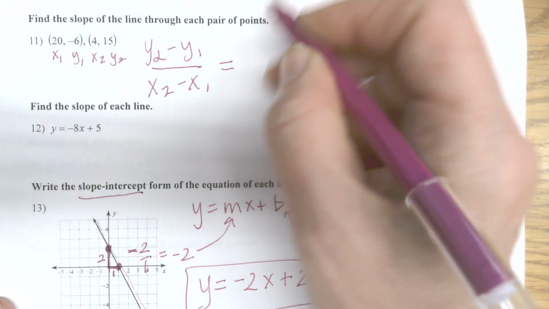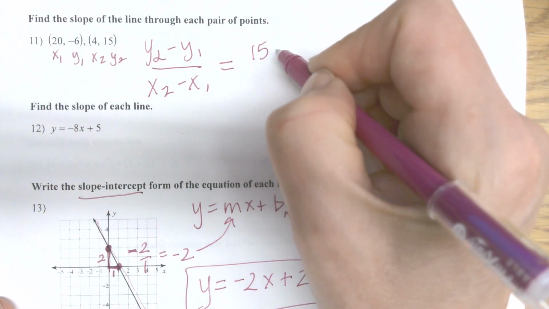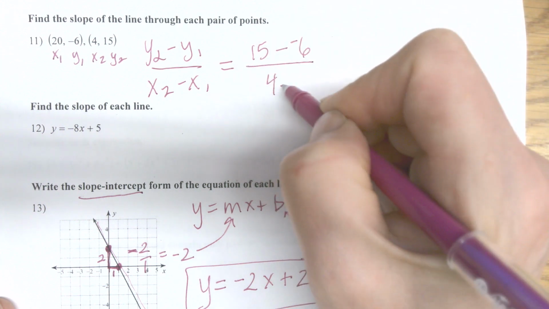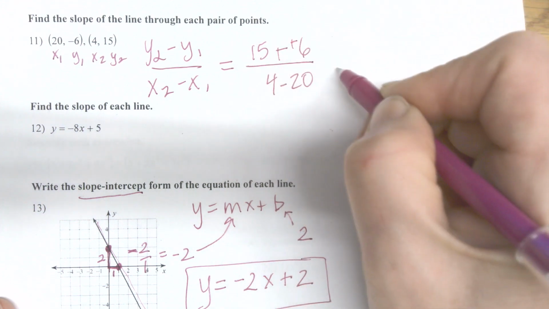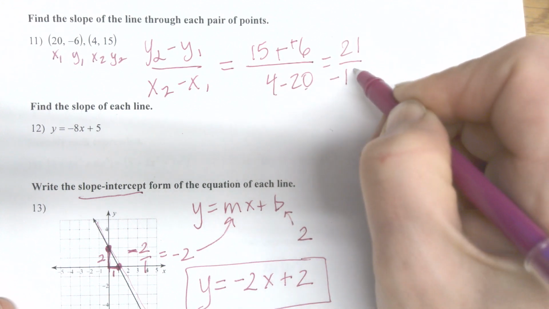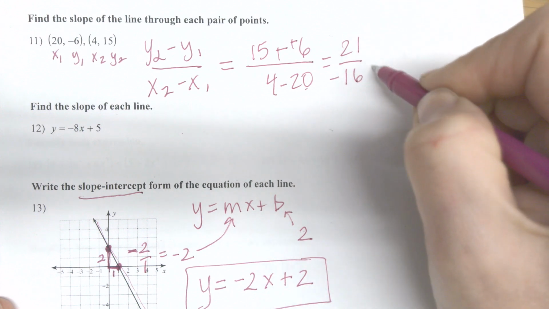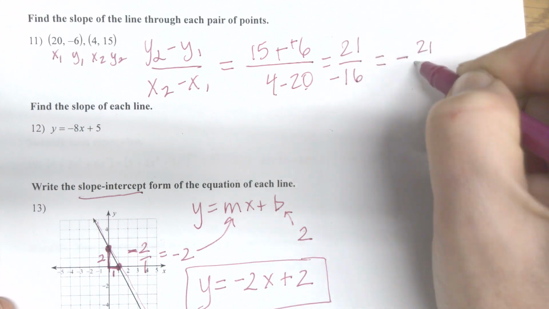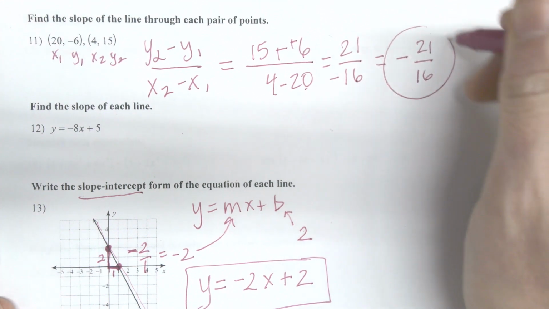So when I plug this in, I get 15 minus negative 6 over 4 minus 20, this is plus positive, so 21 over negative 16. If I can reduce it, I reduce it. It will be written as negative 21 over 16 in the answer.